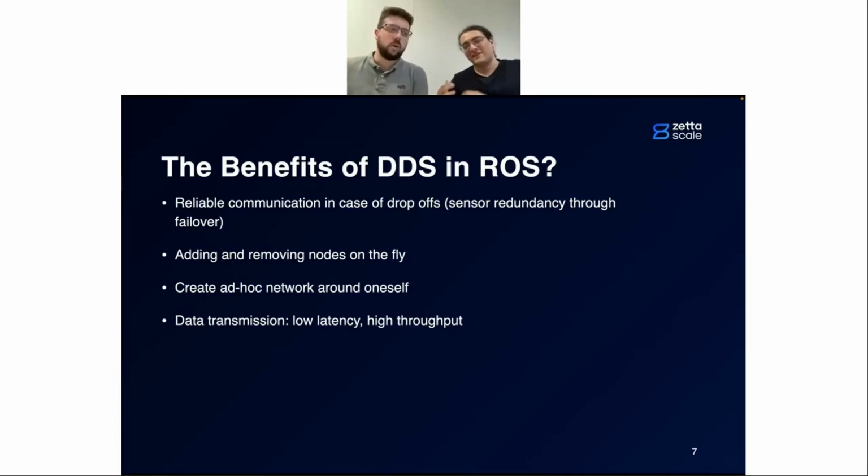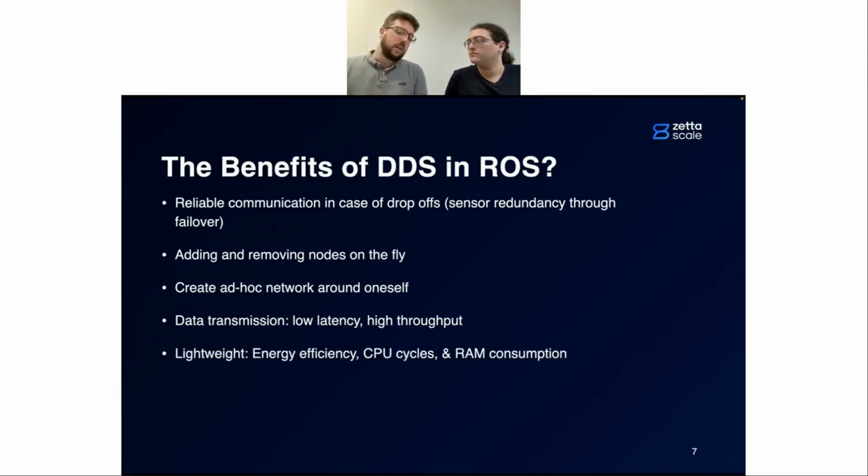And we know, at least as Cyclone developers, that Cyclone is very low latency and very high throughput, from our own experience. Eclipse Cyclone DDS is also lightweight, so we're energy efficient on CPU cycles, and we use little RAM. The install process, I think, is 20 seconds. Oh yeah, for building, if you're building Cyclone from scratch.